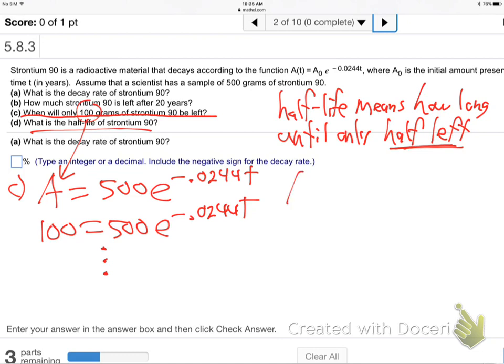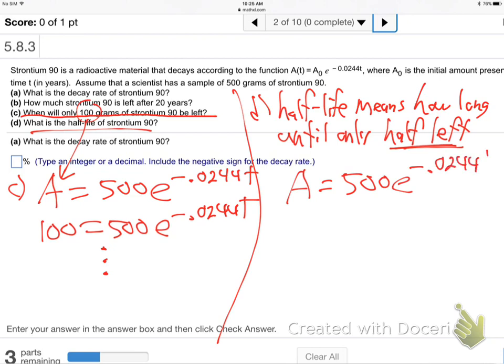So let's go back to the formula again. This is part D here. A equals 500 e to the minus 0.0244 T. So what's the half-life? What am I going to plug in for what?